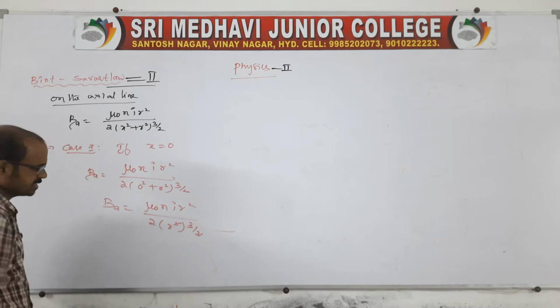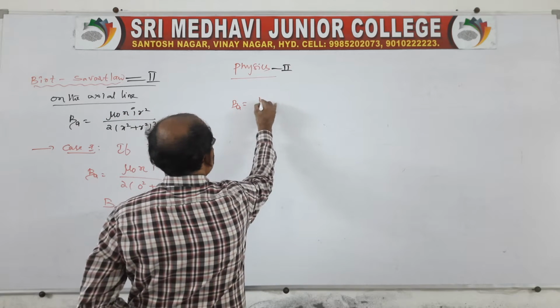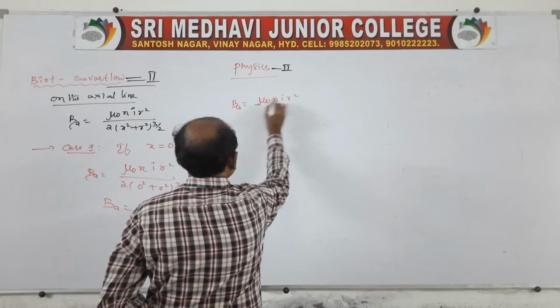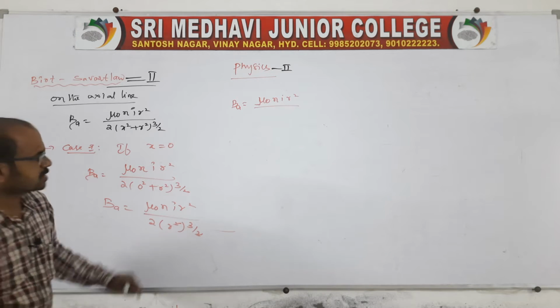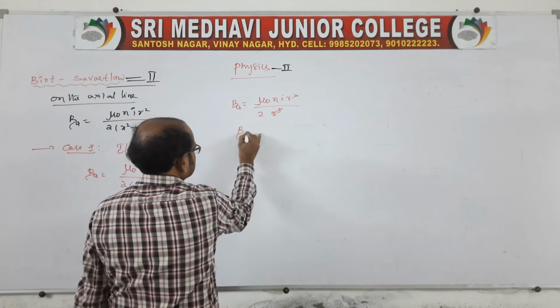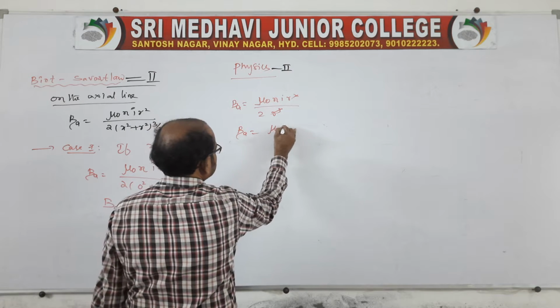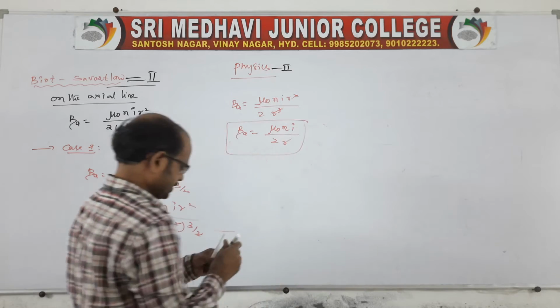So the 2 cancels, and R square by R cube cancels, giving mu naught N i by 2R on the axial point.